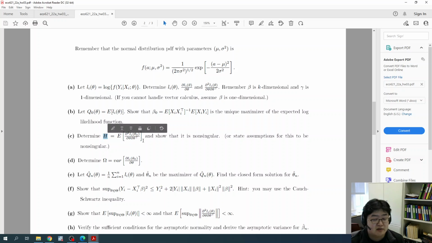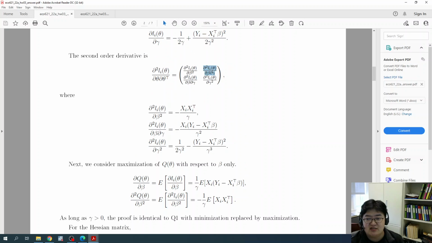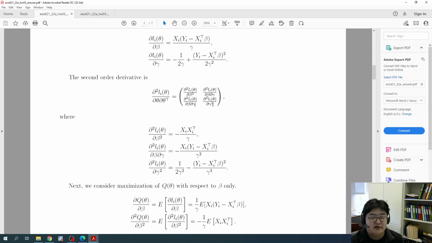The Hessian matrix is the second derivative of the criterion function, and we need to show that it is non-singular. In this case, the Hessian matrix has a 0 here and a 0 here. We call this kind of matrix a block diagonal matrix, and a block diagonal matrix is non-singular if each block is non-singular.